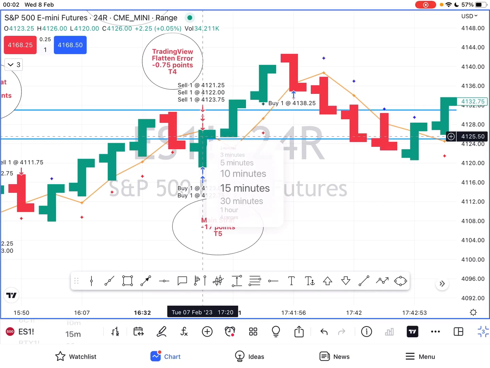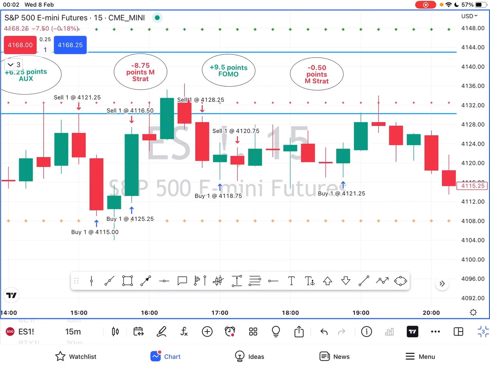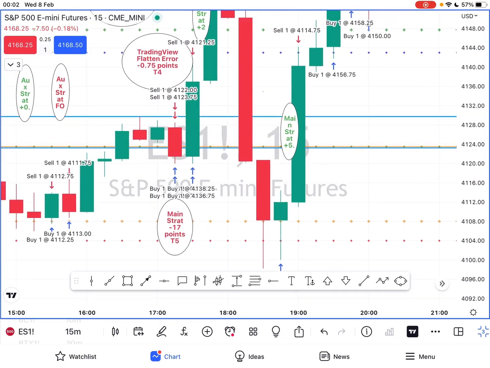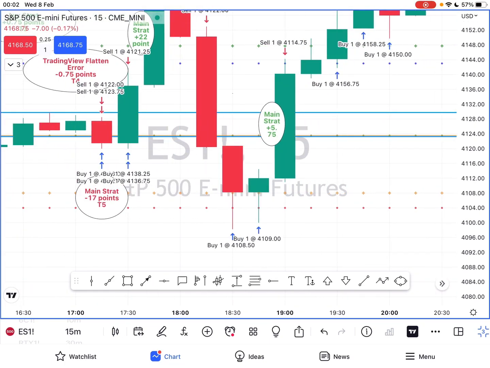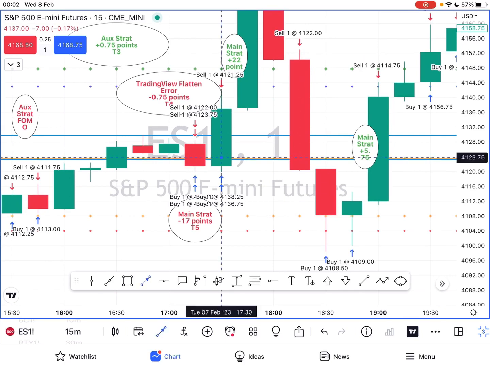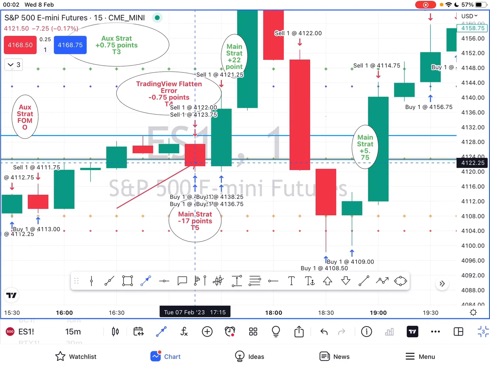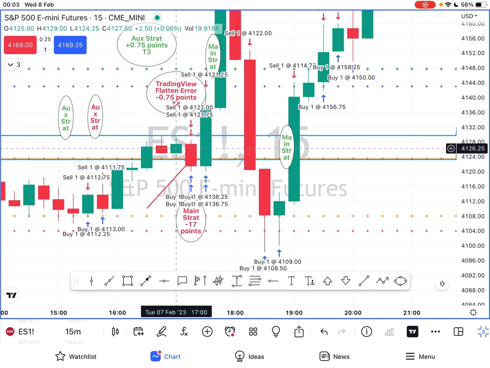So let's just have a look at the short we had taken. The short we had taken was on this candle, this bearish candle right here. Now, prices previously already tested the 50% mid-level for the weekly chart and bounced to the upside.